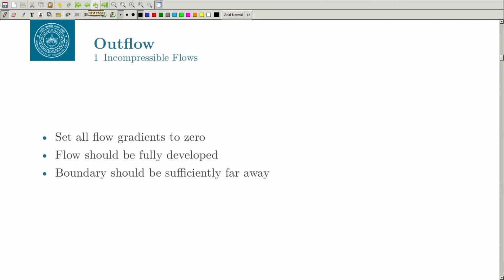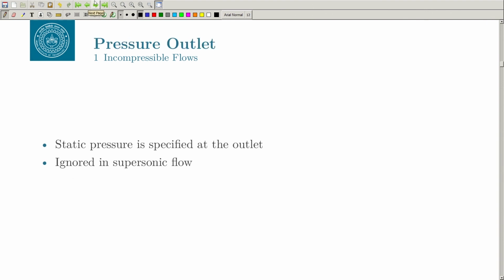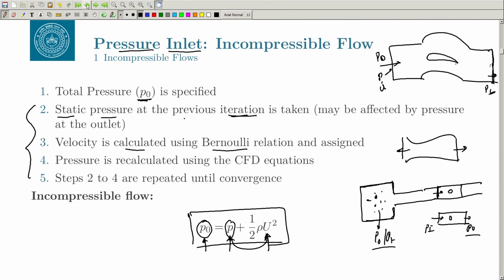Now, you need something at the outlet also. Before I go to outflow, let us go to the pressure outlet. The static pressure is specified at the outlet, as I told you in this example, that you just provide this back pressure at the outlet, and the pressure at the inlet will adjust based on the back pressure. And why do we not give the pressure at the inlet also and only at the outlet?